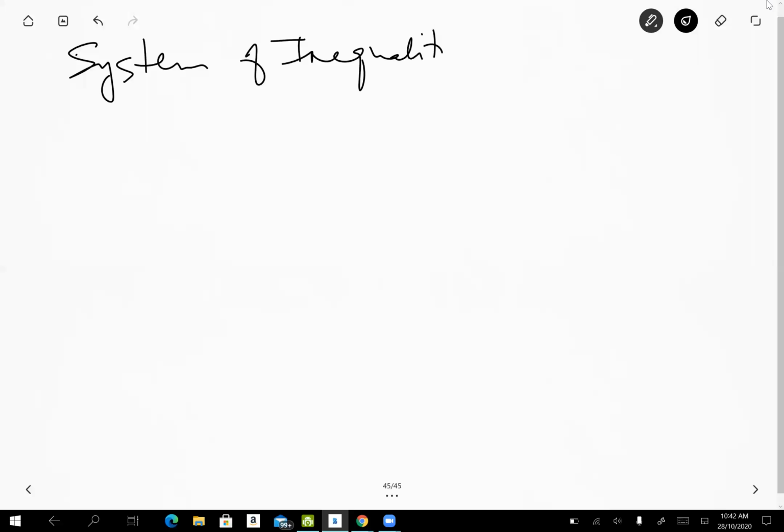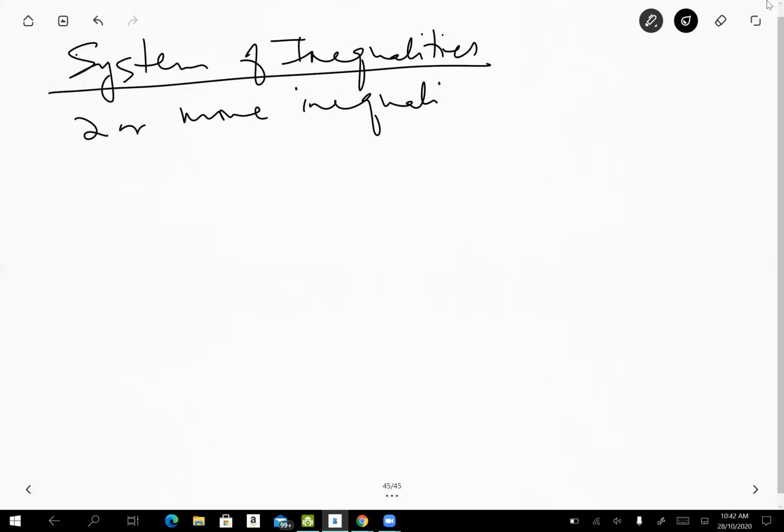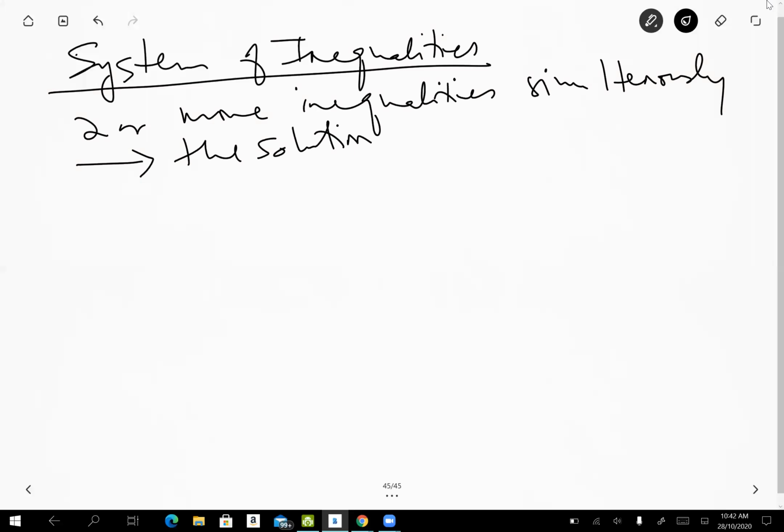Just like a system of equations, you have two or more inequalities at the same time, simultaneously, and then you want to find the solution. Now, what is the solution to the system?